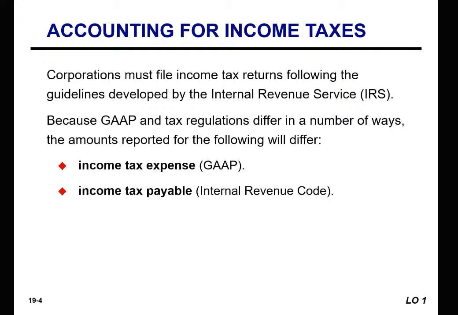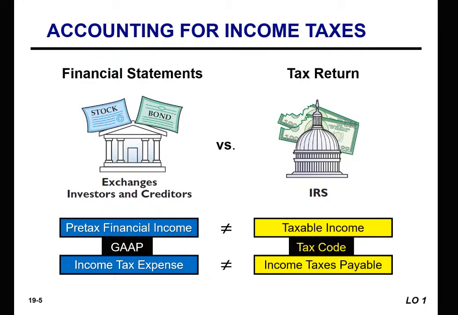Now, when there are differences between those, and it's not unusual, there will be a difference between the income tax expense and the income tax that is paid at a given point in time. To really understand that, let's look at an illustration.